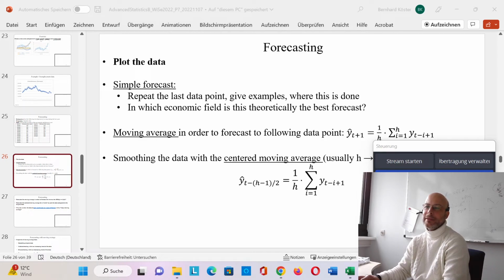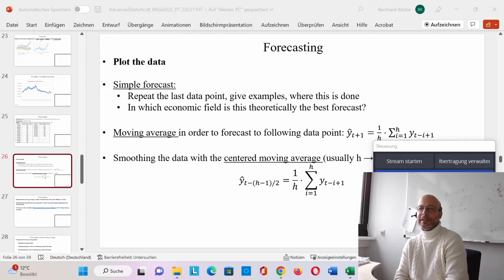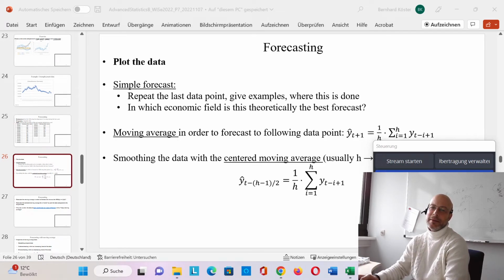But actually, there are some economic fields where this is more or less the best forecast you can make, because the simplest forecast is maybe something like the weather forecast. How will the weather be tomorrow? And then you just look out the window and you say, well, my forecast is the best, or the weather will be tomorrow the same as today.